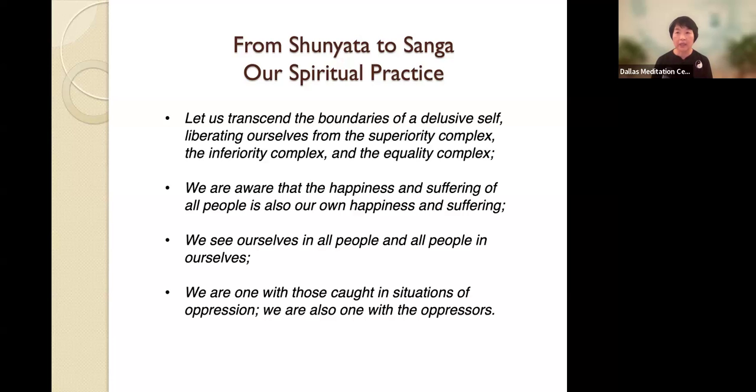Can we always identify ourselves with those people who are oppressed or the oppressors? But if we do think and practice interbeing, it is something that we keep on working.